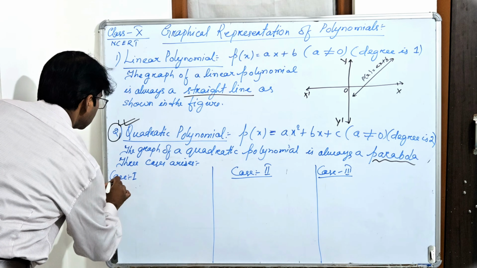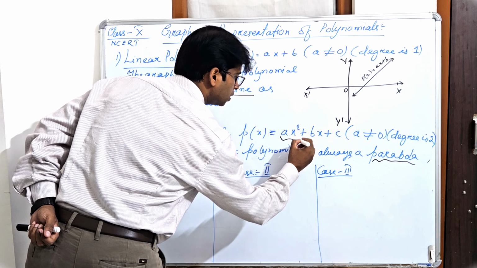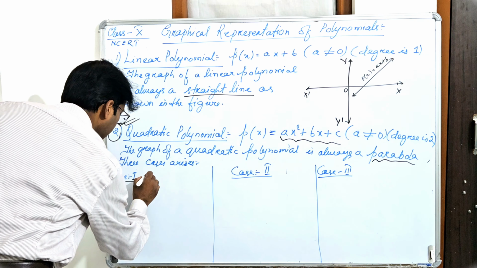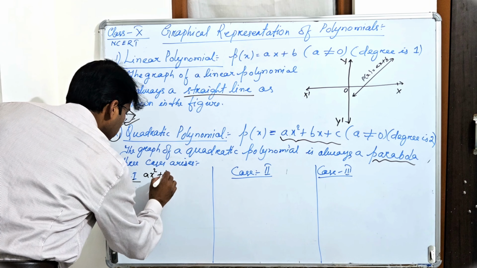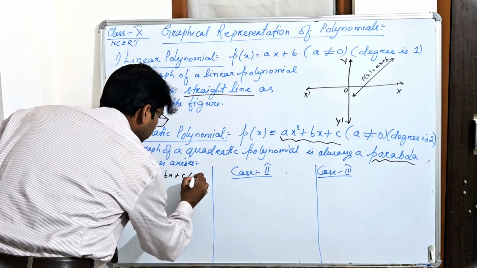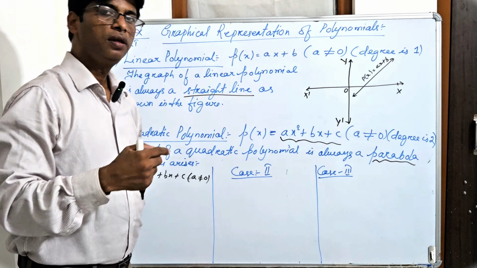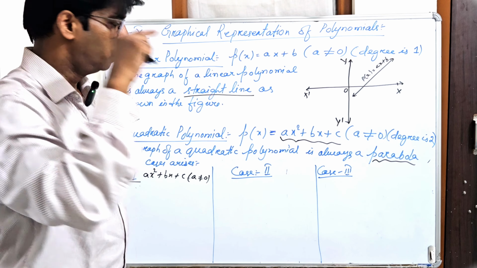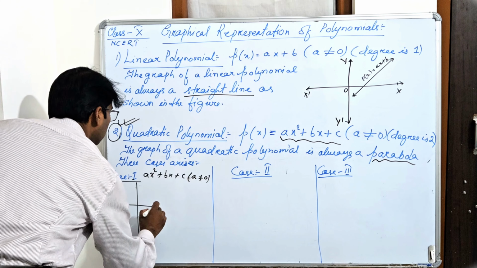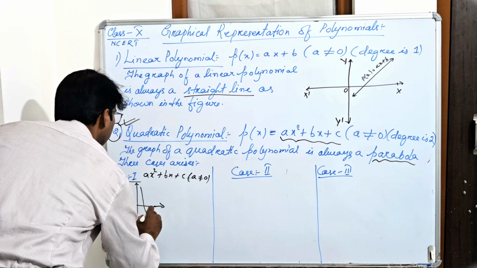So three cases arise. The general form, as we know, is ax square plus bx plus c, where a is not equal to 0, which is a special condition. Here the parabola will be either opening downward or opening upward. So in the first case, what do you see? The parabola is opening upward like this.